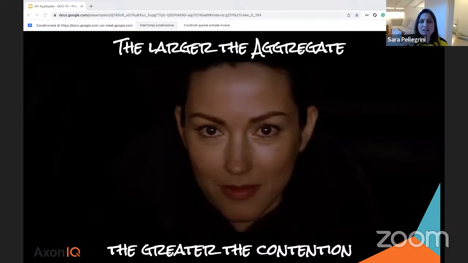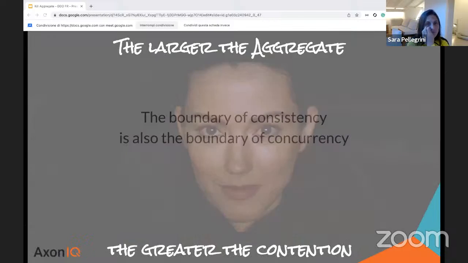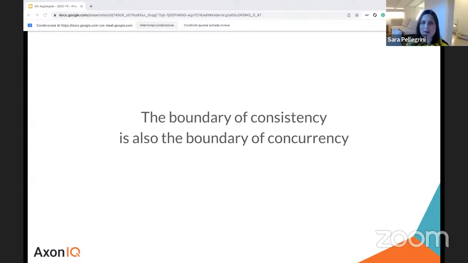Every time we identify a new event that pertains to a certain mental model, we tend to assign it to the respective aggregate. But it is paramount to keep in mind that the boundary of consistency is also the boundary of concurrency, and for this reason, the correct sizing of the aggregate can significantly affect application performance.